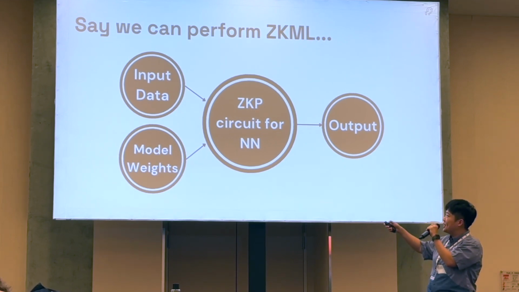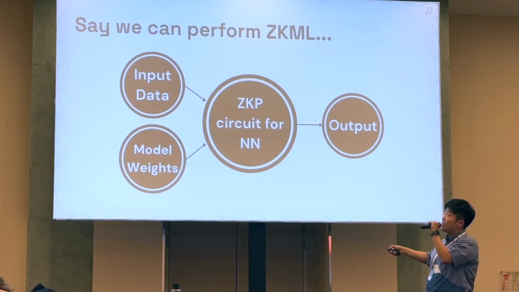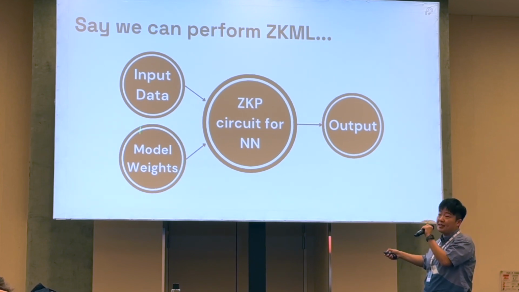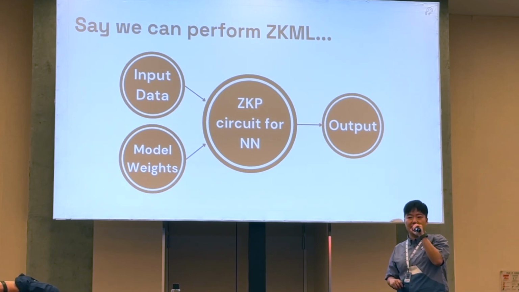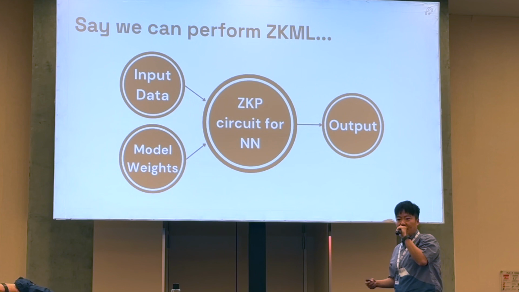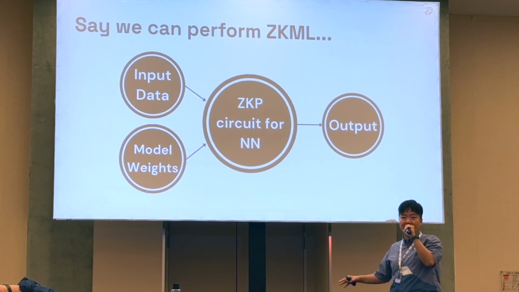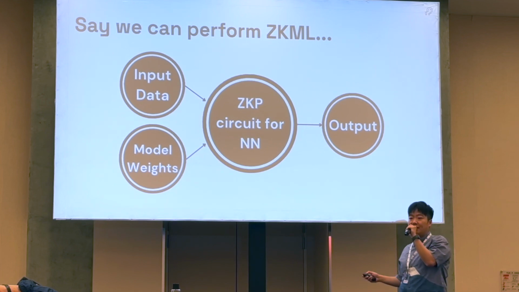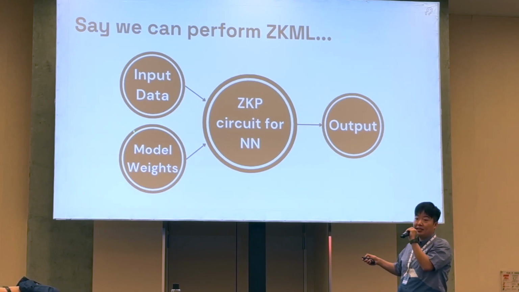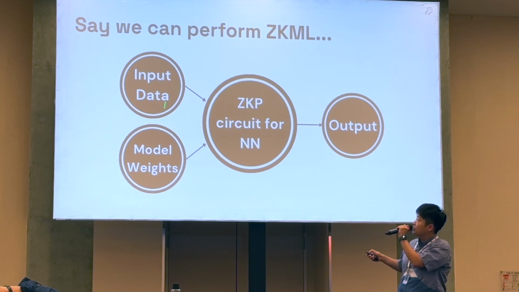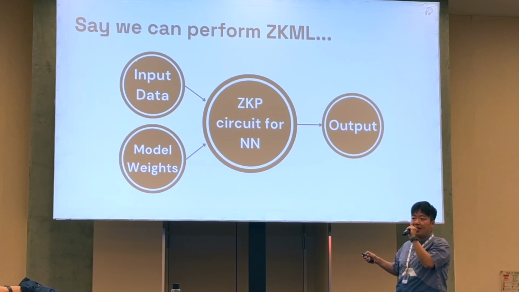So usually when I do a more ZKML focused talk, I will also demonstrate what's going to be private or public. So here you have three options. You can have everything as public on the left-hand side, and that just means it's a validity proof or a rollup, right? So I want to do something in ML that doesn't fit in a smart contract, and I just want to prove that I've done it. So you could have everything public. But you also can have the option to keep one of the two types of input signals private and have different use cases.